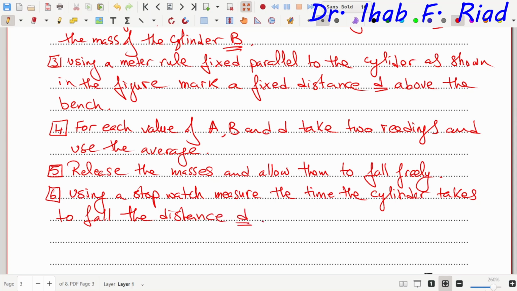Okay, you are going to release, or this is what we are saying. We are going to let the cylinder fall freely. Then it is going to move, and also the cube is going to move. It is going to fall a distance d. Time the falling time and call it t. This time is t.